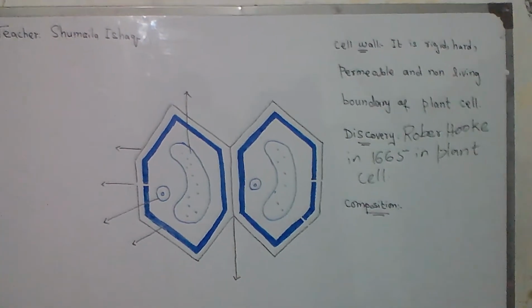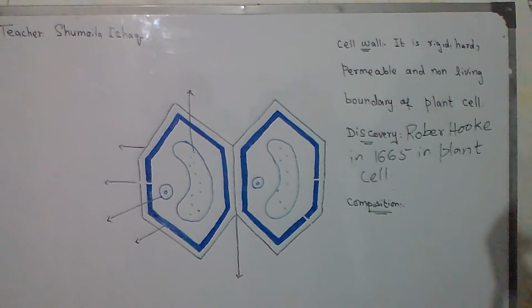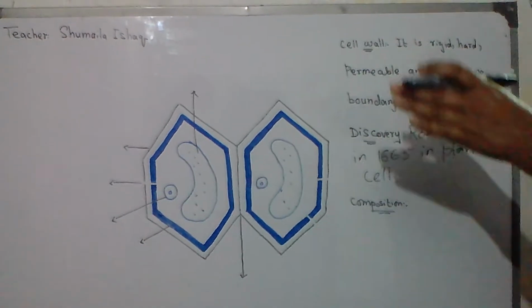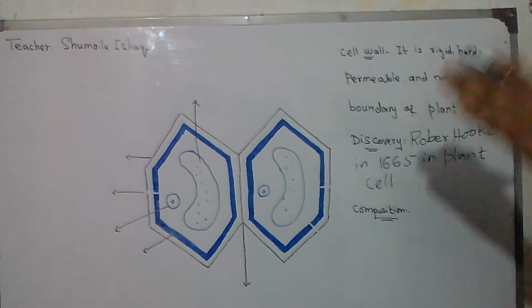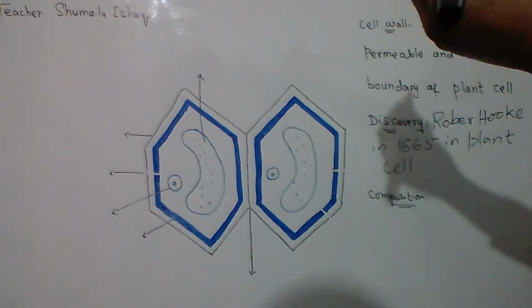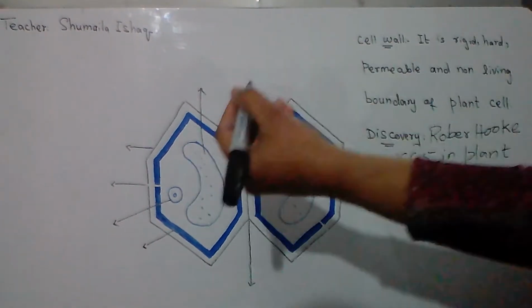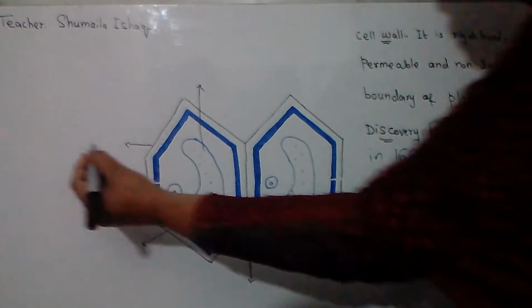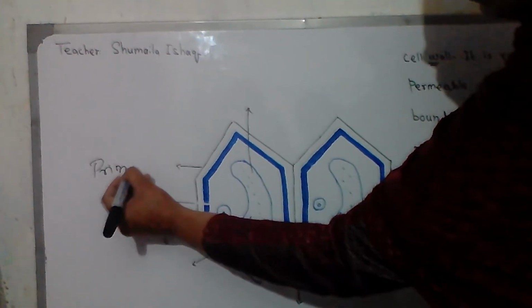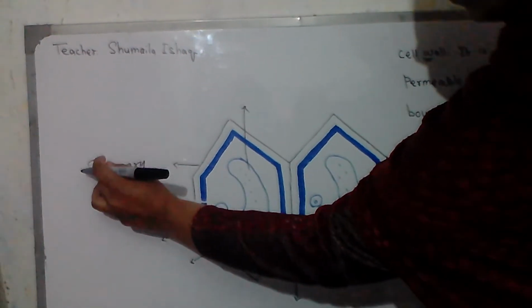Now we'll come to know about its composition. The cell wall, as I have just told you, is present in plant cells only. The outermost boundary of the cell wall is called the primary wall.